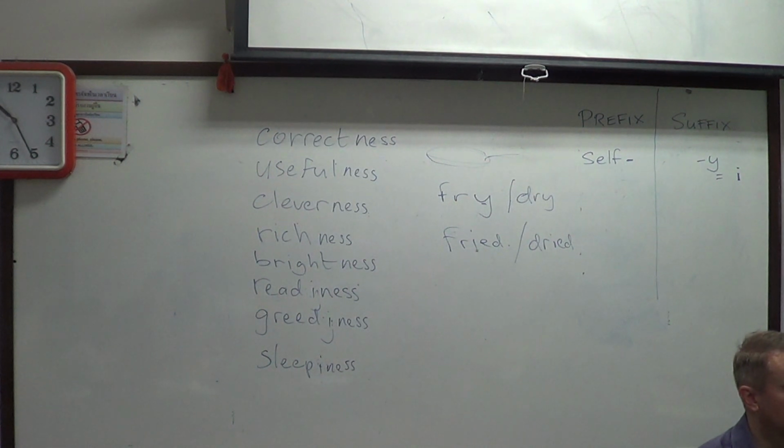How do we use a noun in a sentence? Correctness, needs, cleverness, and brightness. Okay, good.